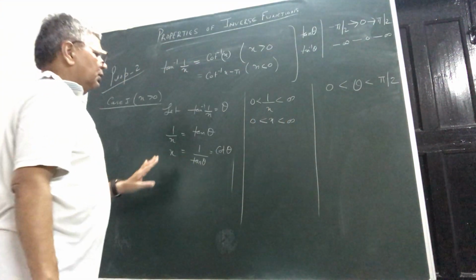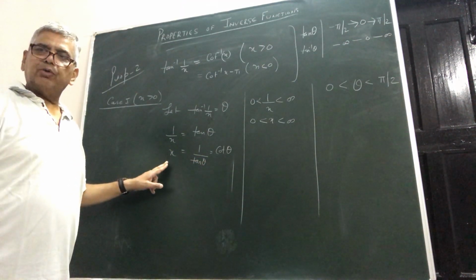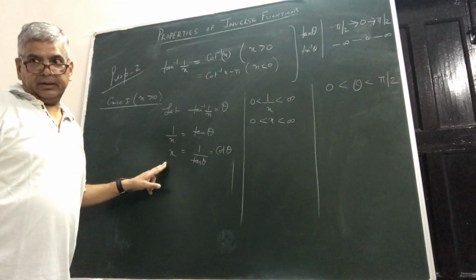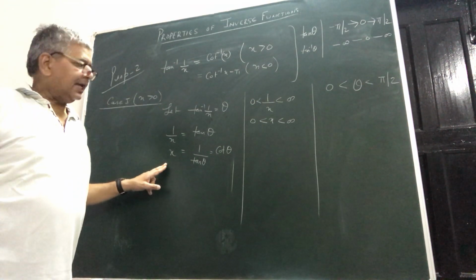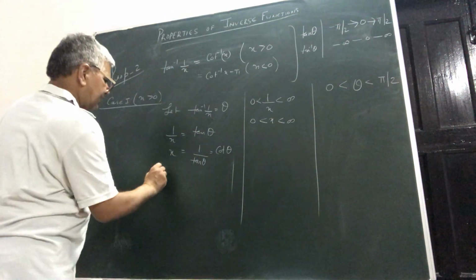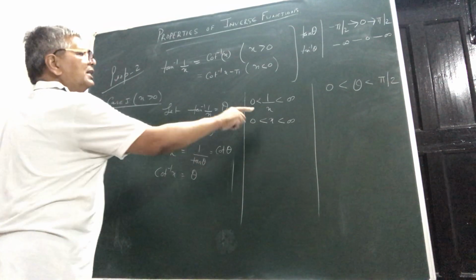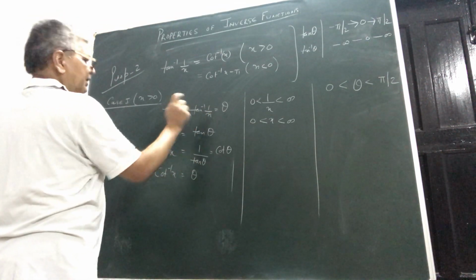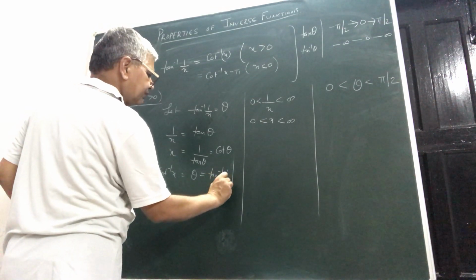So no issues, you are safe. x will not pose a problem, it will be well within the domain, because the domain of cot theta is the entire real line. So cot inverse x will be equal to theta, and theta is tan inverse 1 upon x. So you prove the first result.